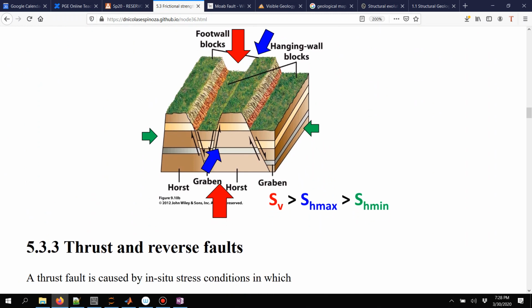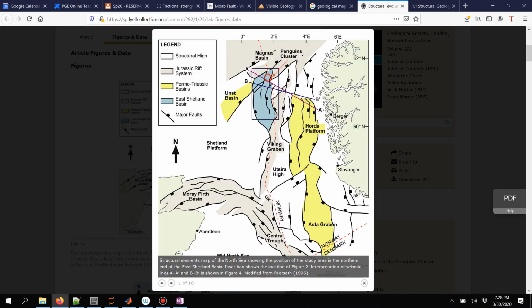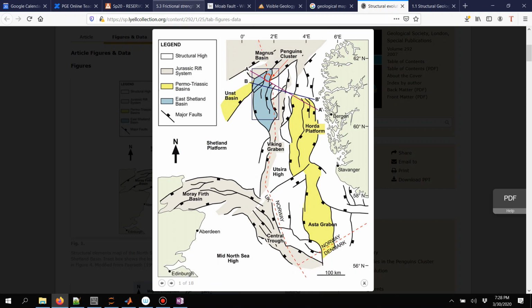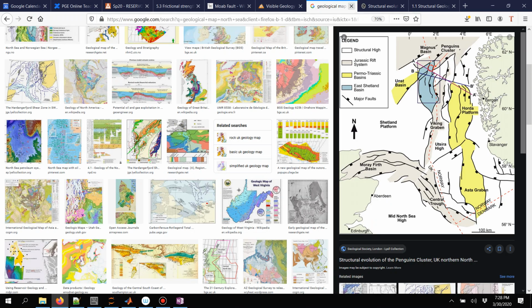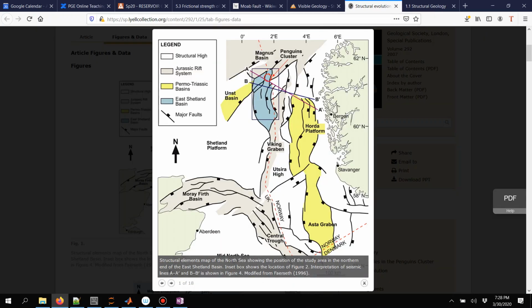Two hanging walls, two foot walls, and in the middle the hanging wall going down relatively to the foot walls. If I were to take a cross section of this part from here to there, that would be what you're looking at from here to there. This section is the graben.